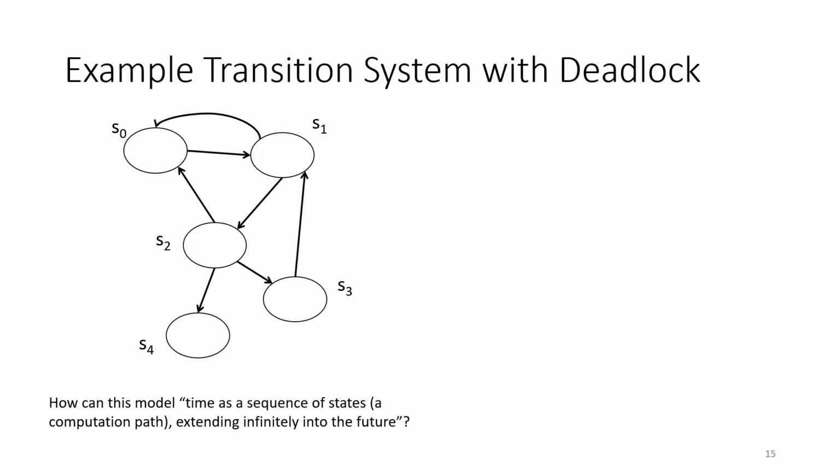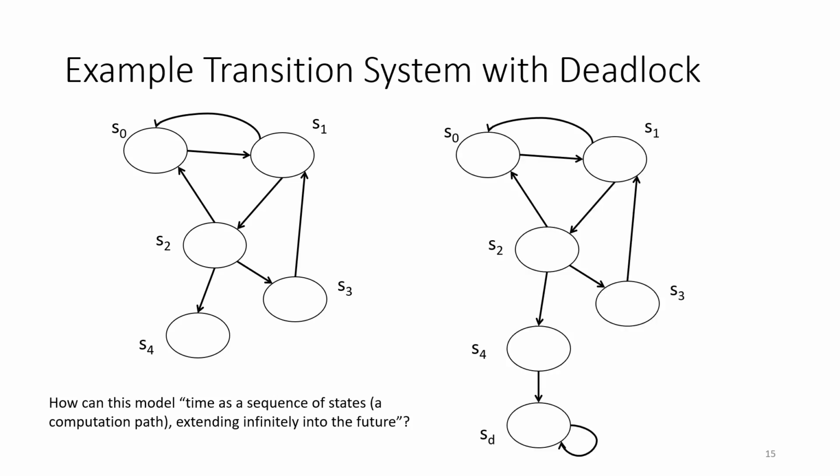So here we have a deadlock, and there are some easy ways to deal with deadlocks. The most common way is that we add a special deadlock state, and from every deadlock in the system, you go to that special state and you can stay there forever. So it's like a marker state that says, we are now in a deadlock state. Every deadlock state from the previous system will have a transition there, and the new state will have a transition to itself.